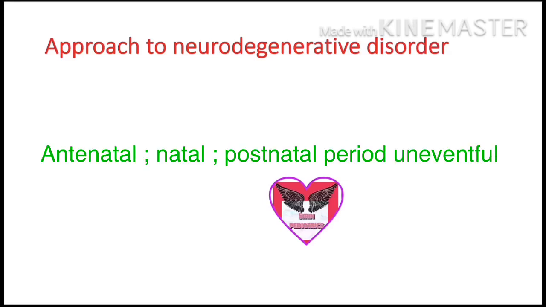Prenatal, natal, and postnatal periods should be uneventful. There should be no evidence of intracranial space occupying lesion or intracranial infection. Duration should be more than 3 months and family history may be positive in neurodegenerative disorder.